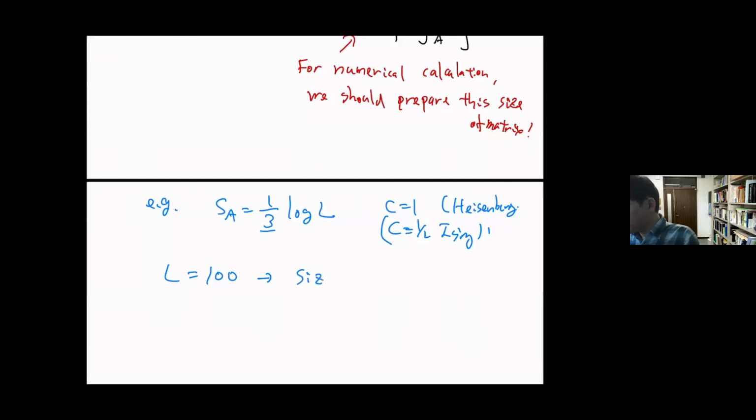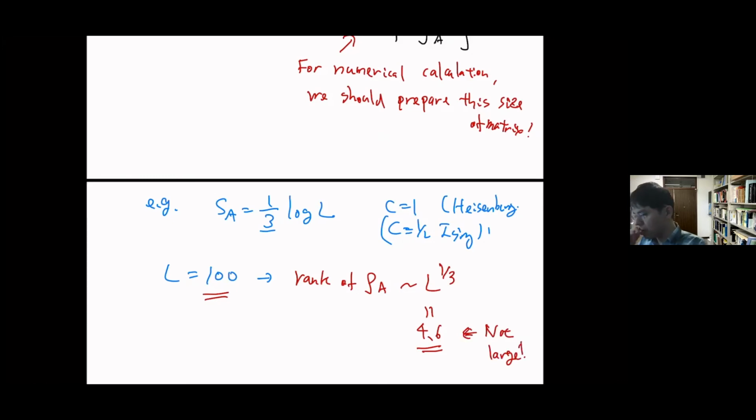In that case, the rank of rho A is like L to the 1/3, which is equivalent to about 4.6. It's not big actually, it's small. This means numerical calculation of a spin chain is very easy using a computer.